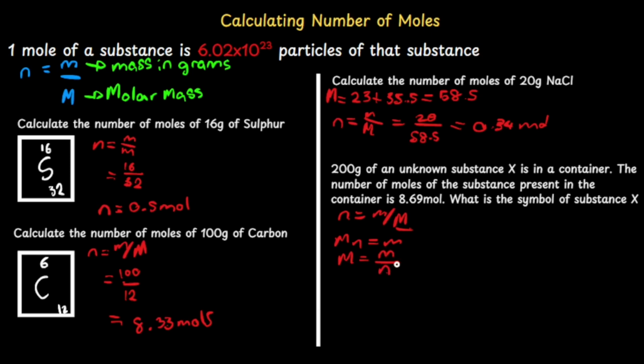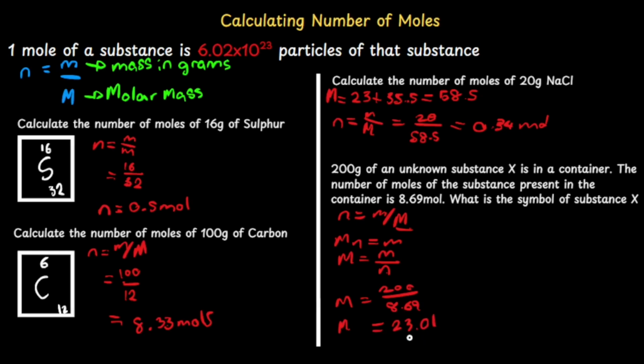Let's go ahead and apply this formula in order to find our unknown. We know that the mass of the substance is 200 grams, so we can put that in. We know that the number of moles present of this substance is 8.69 moles. Let's go ahead, simplify and calculate to obtain 23.01. So we know now that the molar mass of the substance is 23.01.